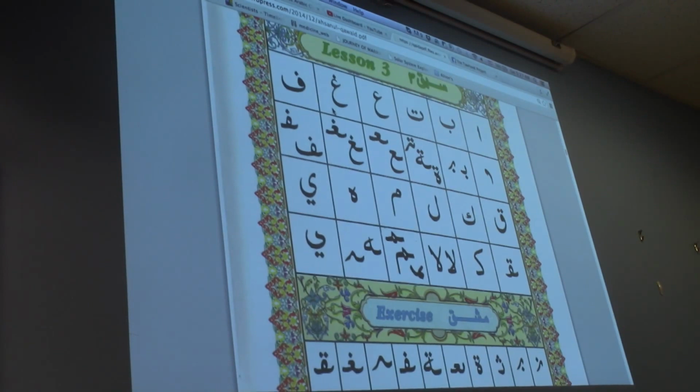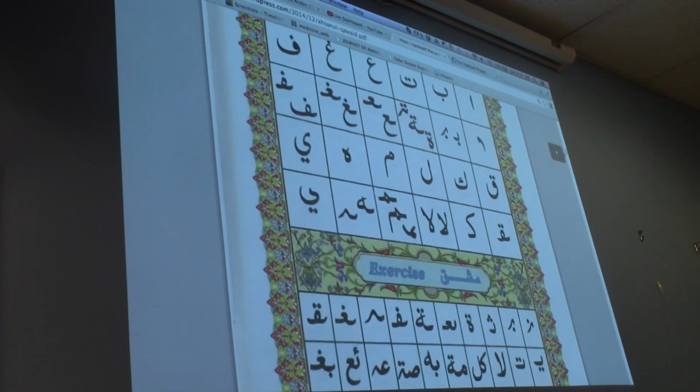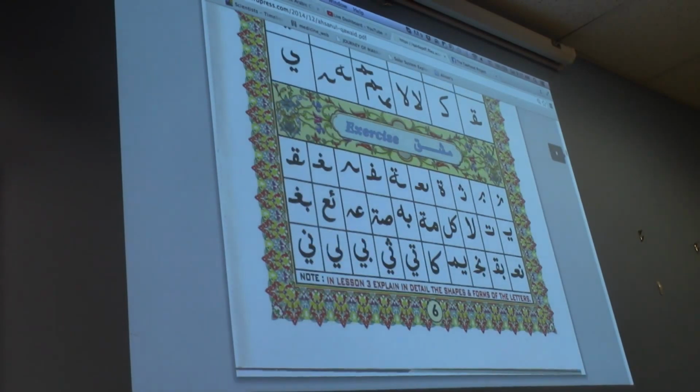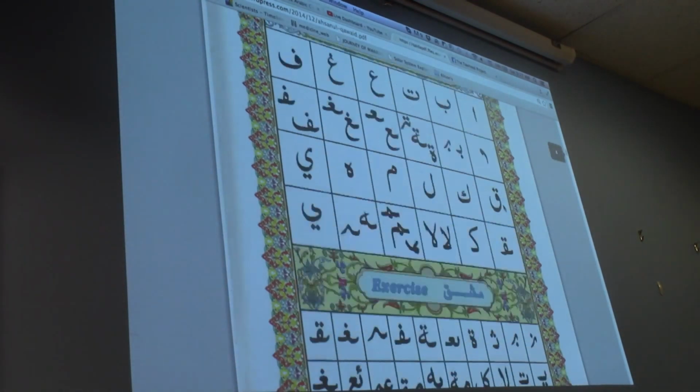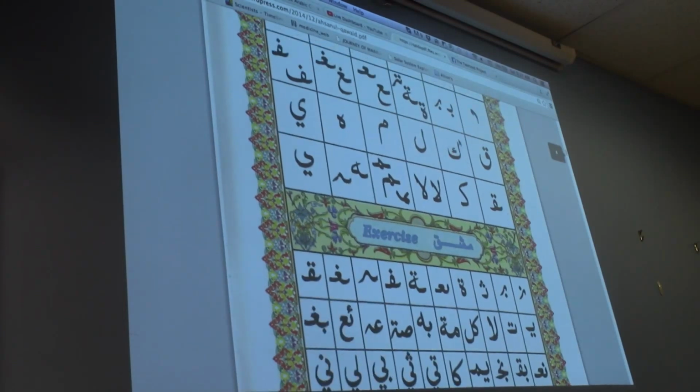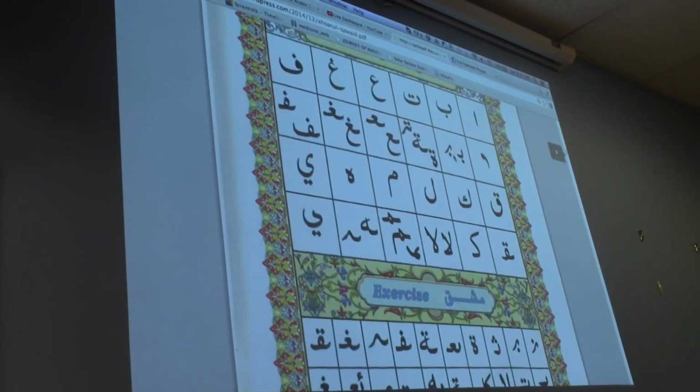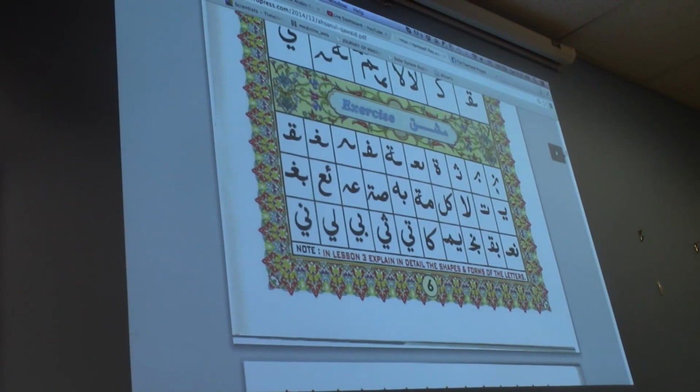All right, so let's continue. Let's see if we can test ourselves to figure out what letters come where, if we can recognize the letters. So this letter right here. If this is a ba right here, dot on the bottom, what letter do you think this is?